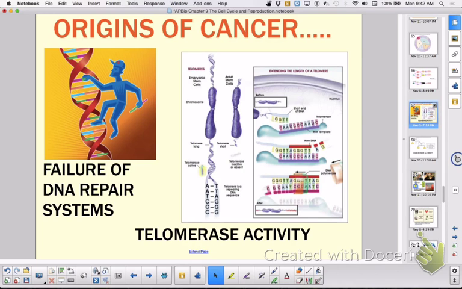Telomeres are at the ends of chromosomes. Basically, your chromosomes at the very end have some repetitive units that are not coding for an mRNA that's going to get translated into a protein. It's more about structure. They get smaller and smaller, and that's how your cell knows to stop dividing, because that chromosome has become smaller.